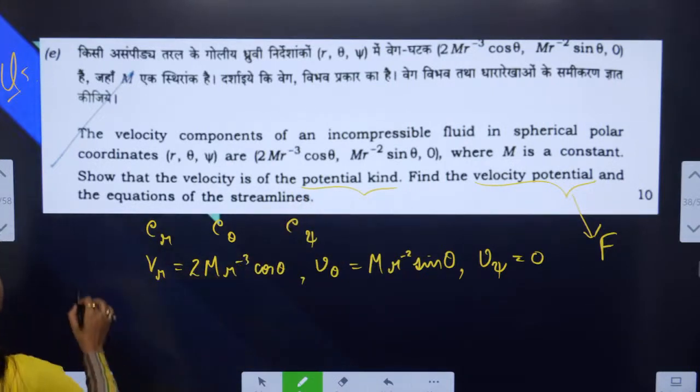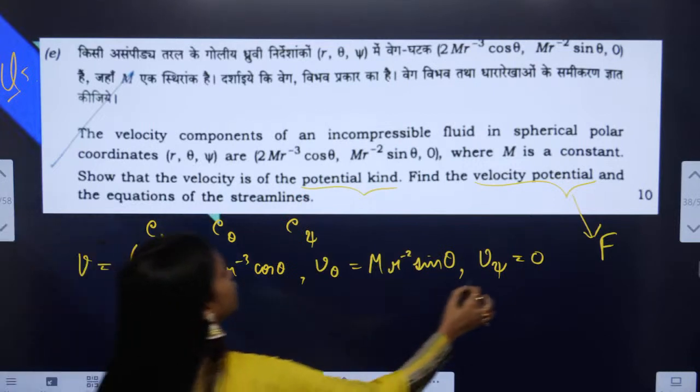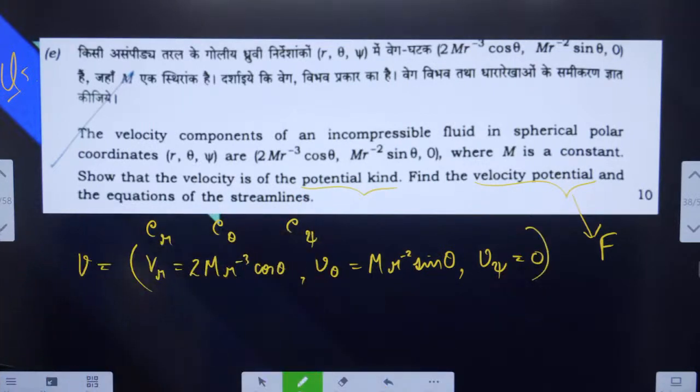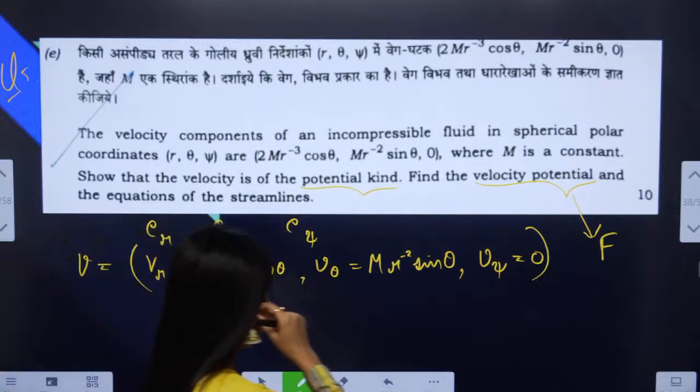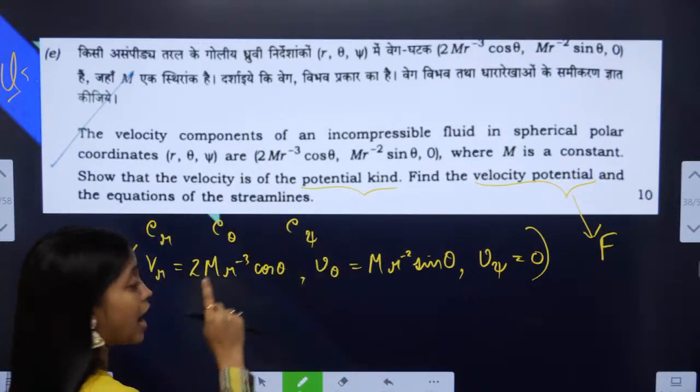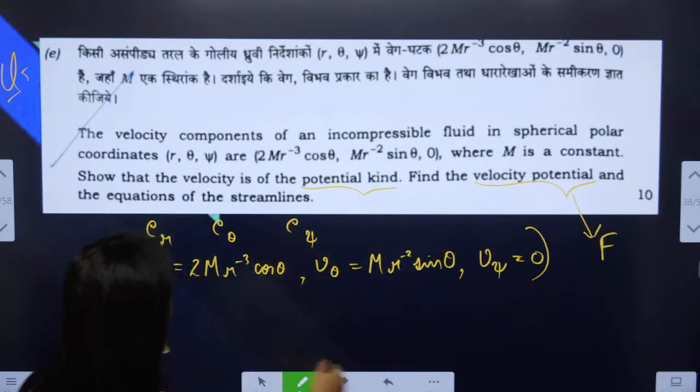Curl of this V, having the 3 components, has to be 0, but again we are not in Cartesian. So i cap, j cap, k cap will not be there in the curl.